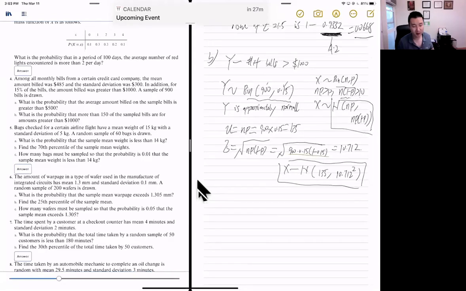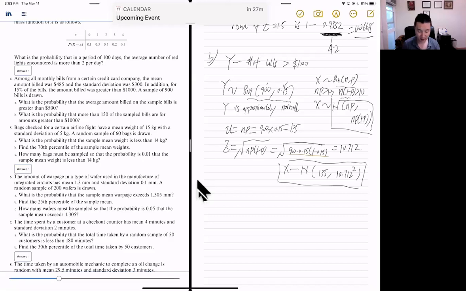Okay, so you may wonder, we know it follows a binomial distribution, why can't we just directly calculate the probability? The answer is it's very hard, next to impossible. For example, if you use binomial distribution, how can we calculate the probability that more than 150 sampled bills?